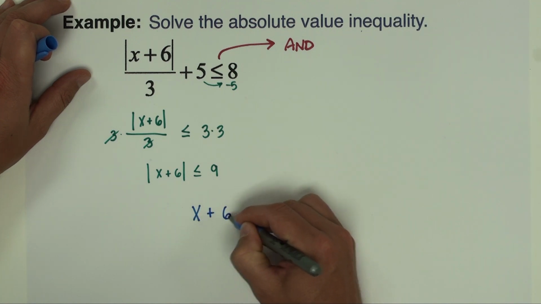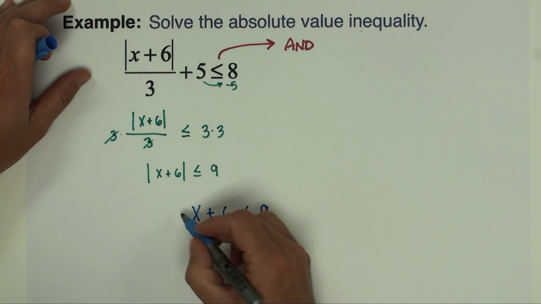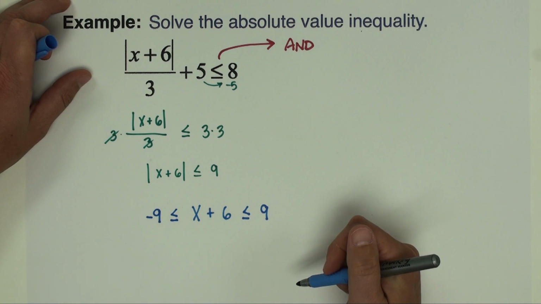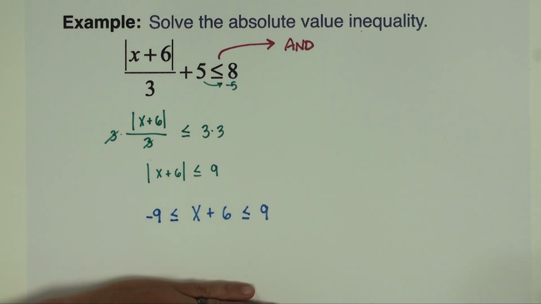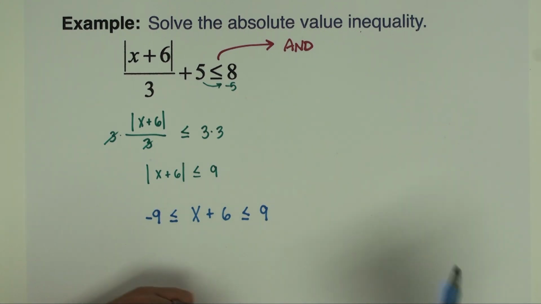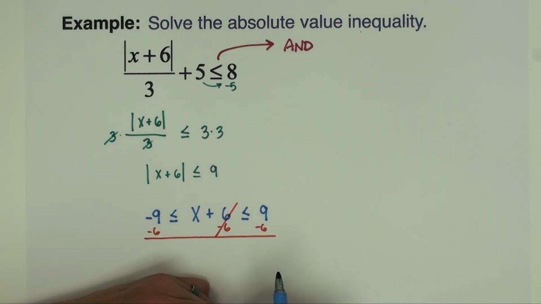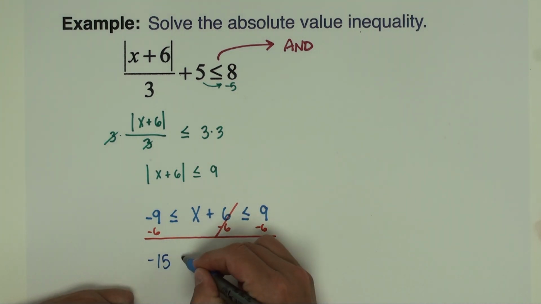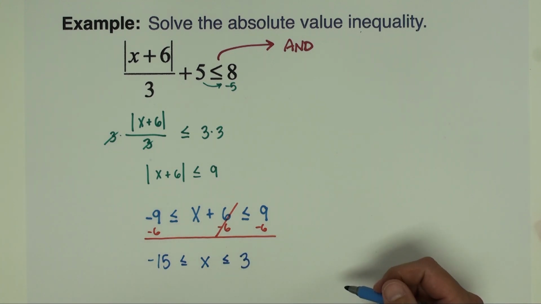x plus 6 is less than or equal to 9, and x plus 6 is greater than or equal to -9. So I'm just going to write both inequalities at one time. And to solve this, we're going to simply subtract 6 from out of the middle onto both sides. So I get -15 is less than or equal to x is less than or equal to 3.